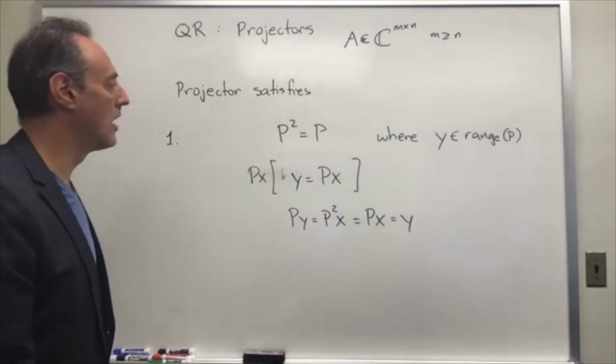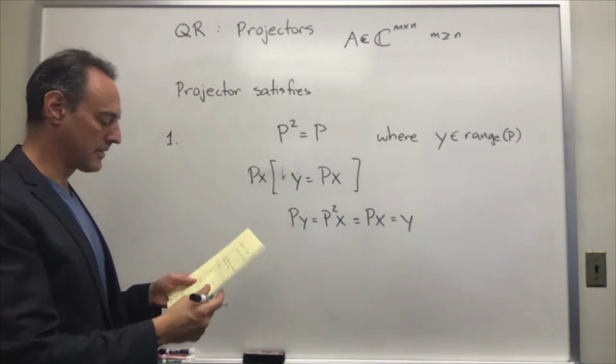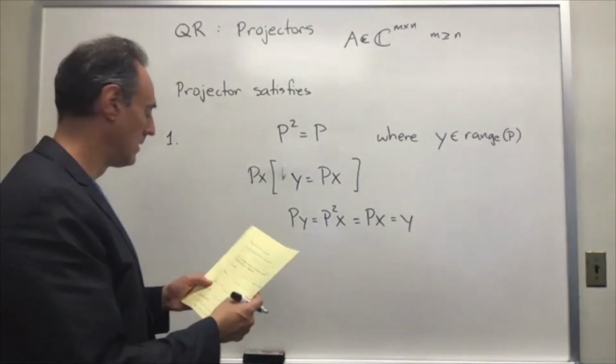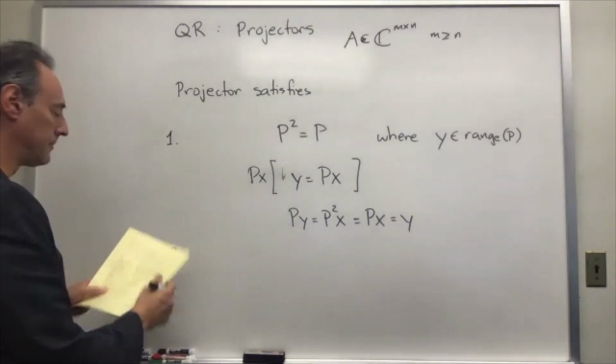This is what we want a projector to satisfy. Here's another property, observation number 2.